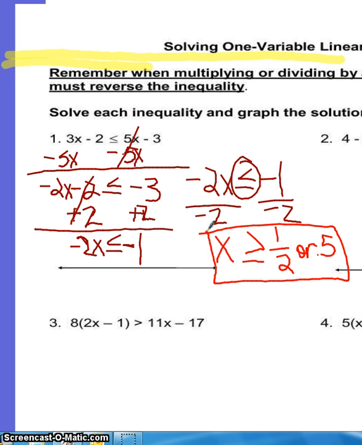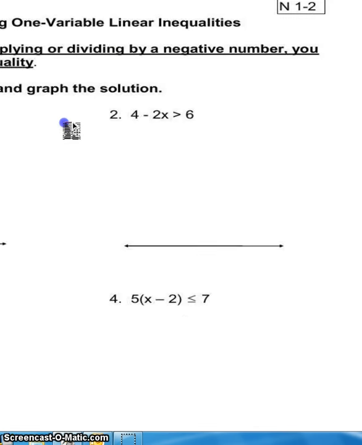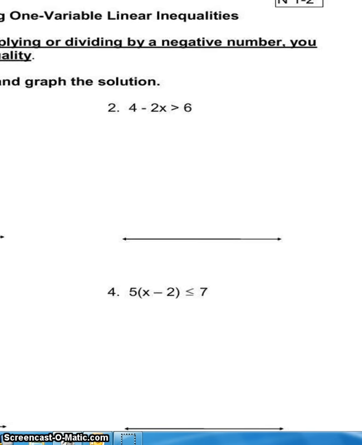Okay, let's work the next one. Remember, if you're not done, just rewind the video back. So let's do number 2 now. I have 4 minus 2x is greater than 6. So what do I do first? I have to subtract 4.